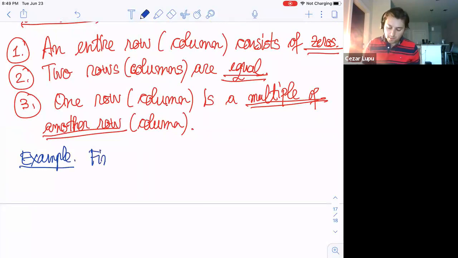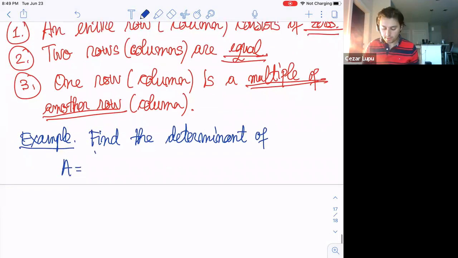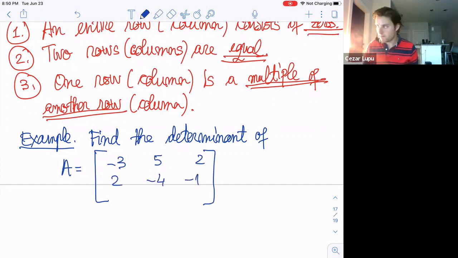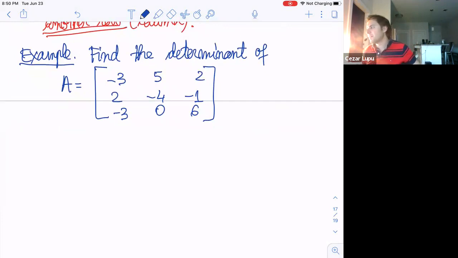Find the determinant of A of the following matrix: -3, 5, 2, 2, -4, -1, -3, 0, and 6. Anyway, this is a 3 by 3 matrix. It's a square matrix. It's not hard to find a determinant.